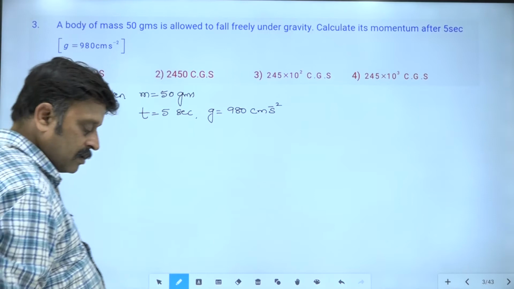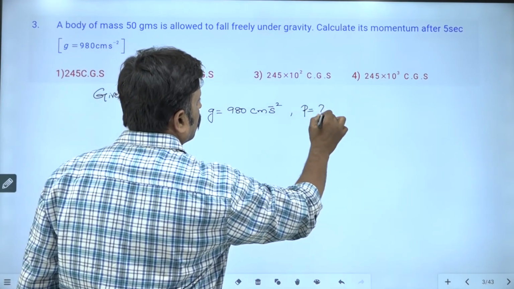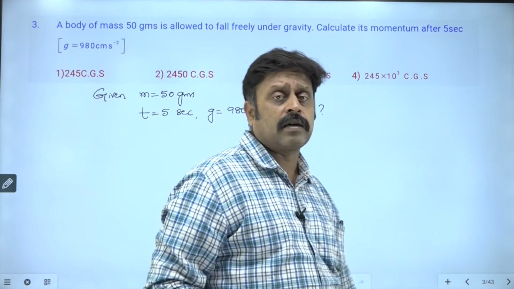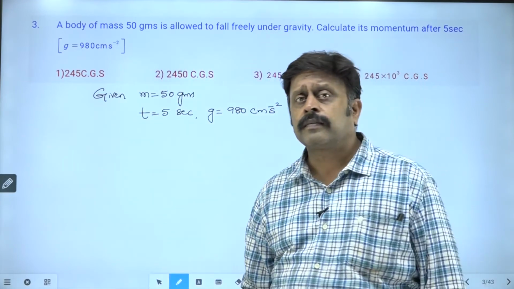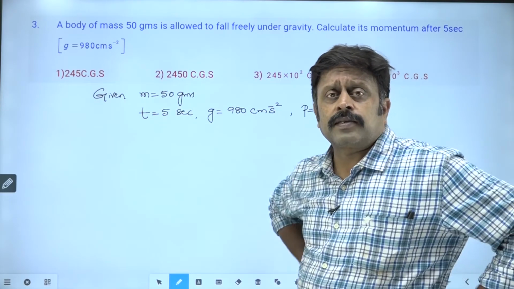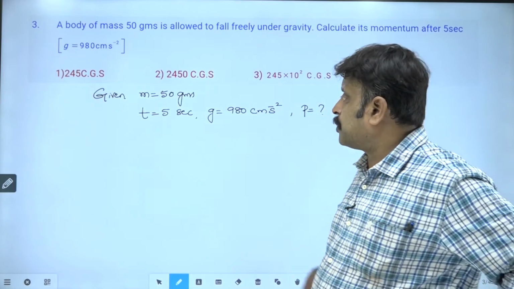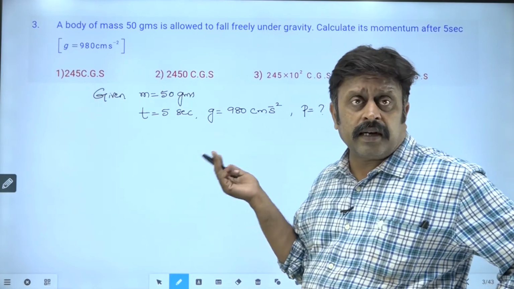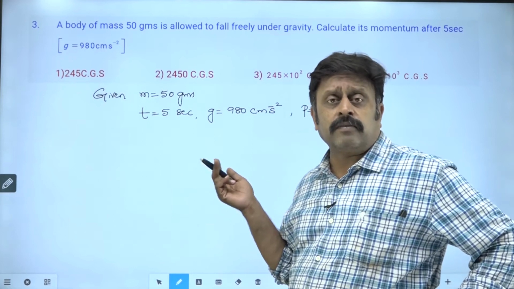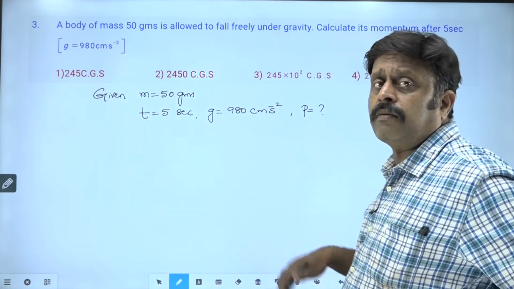We want momentum, you are asked to calculate. We know that momentum is nothing but the product of mass and velocity. In this problem, mass of the body is given as 50 grams. So, in order to calculate momentum, we want velocity. So, according to the given information, let us calculate the velocity. After getting velocity, we can get momentum of the body.